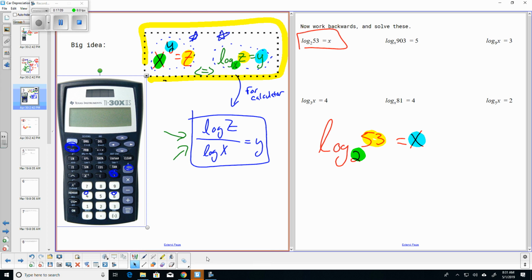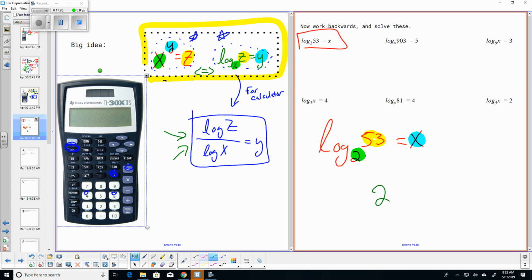So it says my x, or my green guy, is going to stay low, so that's 2. And then it says my blue guy is going to go high, so that's my x. And then my z is the yellow guy, which is 53. So that's how you switch between the two.